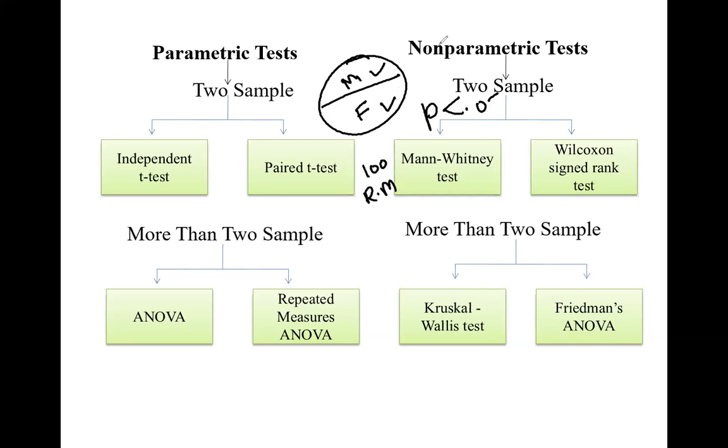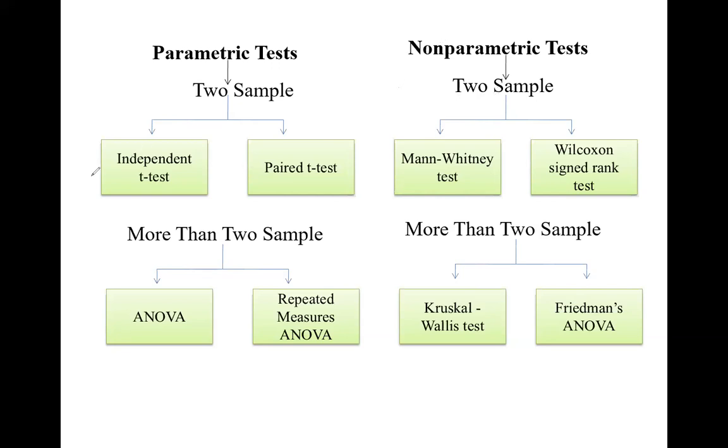Now the second is the paired t-test. First of all, I want to complete this, then I will take your queries. Where should we use the paired t-test? Paired t-test is used when we observe two times, before and after. For example, before joining this faculty development program, I conduct one test.